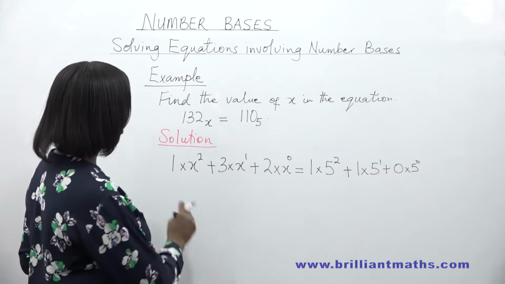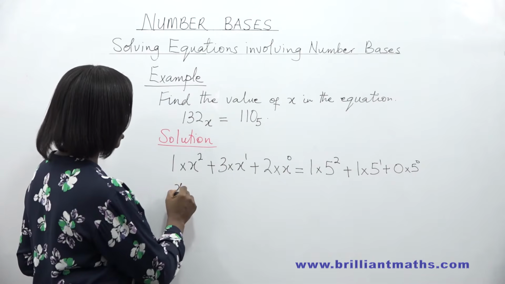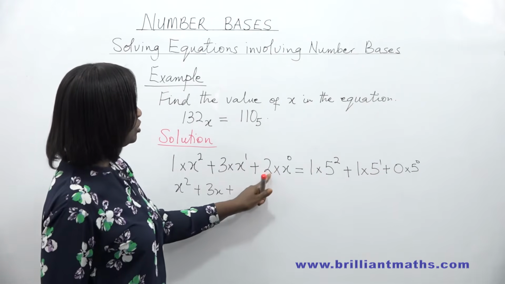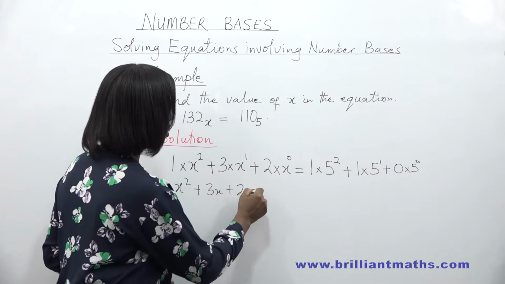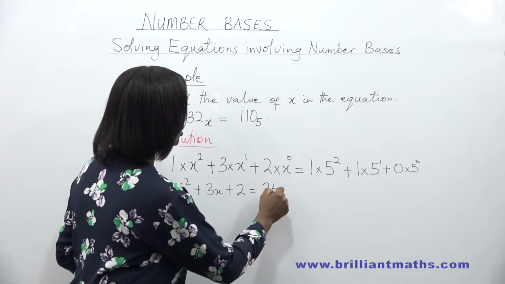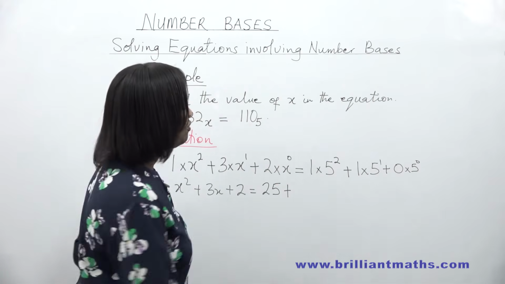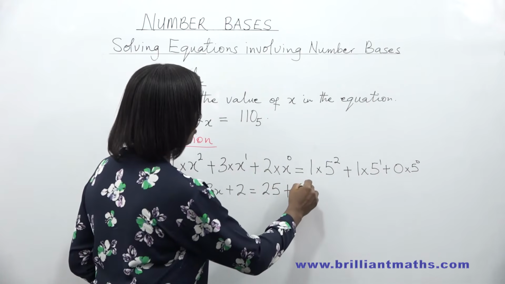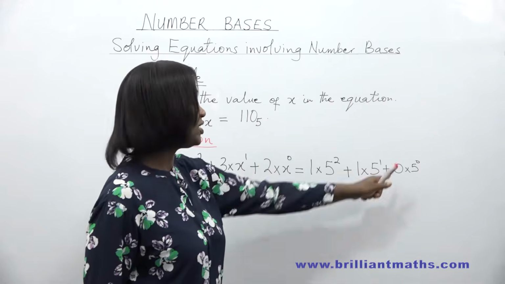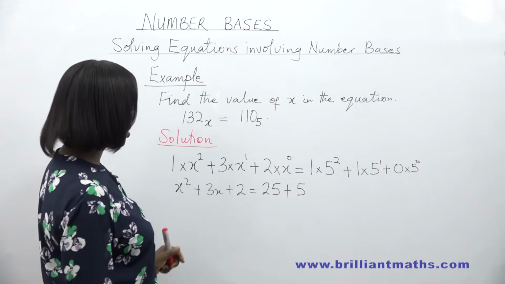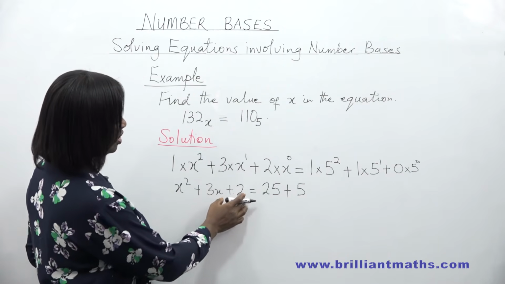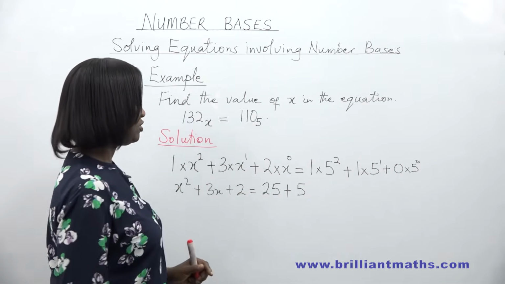So we'll simplify. x squared times 1 gives us x squared plus 3x plus 2 times x to the power 0 is equal to 2, because x to the power 0 is 1. 5 squared times 1 is 25 plus 5 to the power 1 is 5. 0 times 5 to the power 0 is 0, because 5 to the power 0 is 1, and 1 times 0 is 0. So we have x squared plus 3x plus 2 is equal to 25 plus 5.